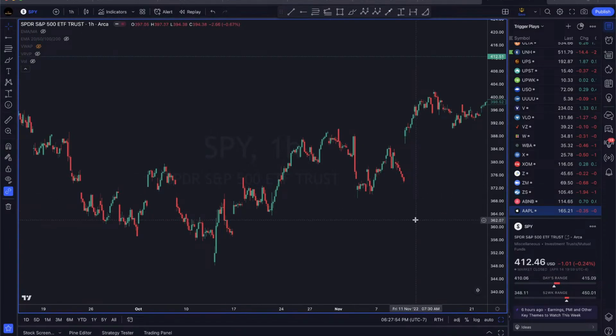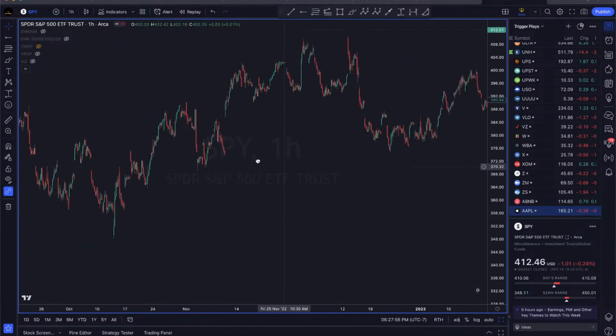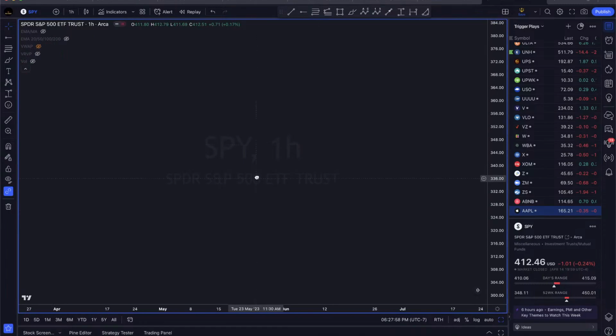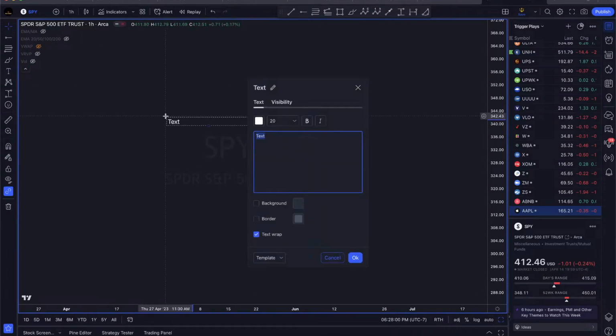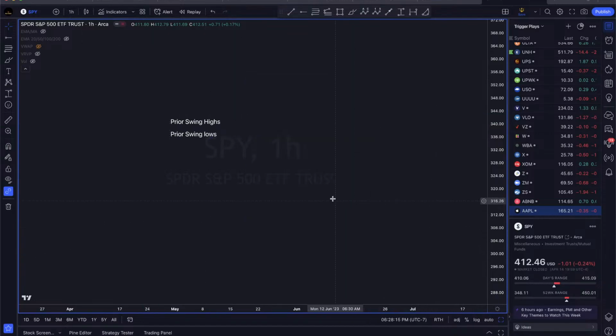The thing is, when you want to trade supply and demand, the first thing that we want to look for is prior swing highs and prior swing lows, right? And how do you identify the strong prior highs and strong prior lows?